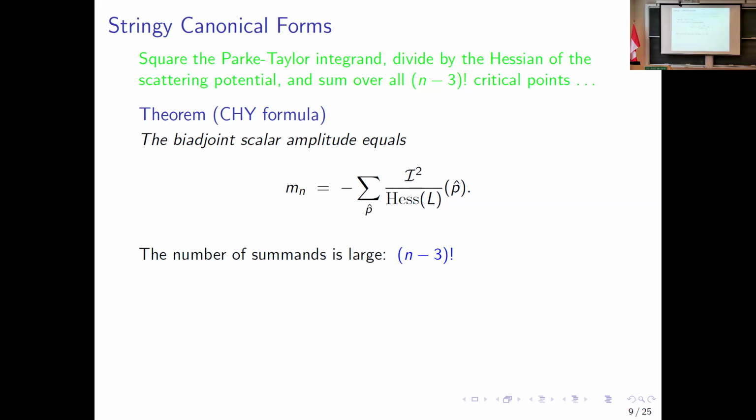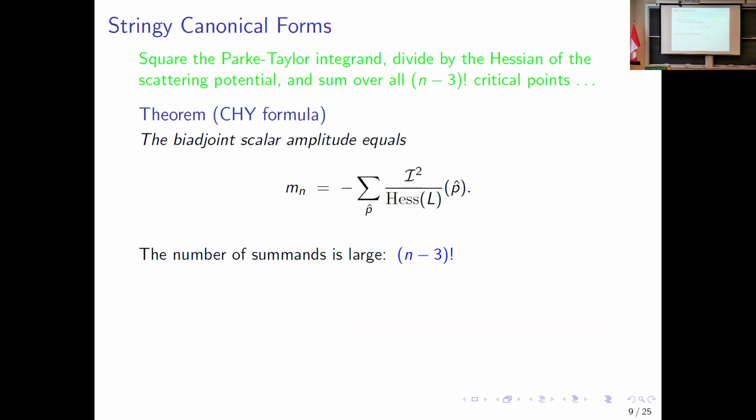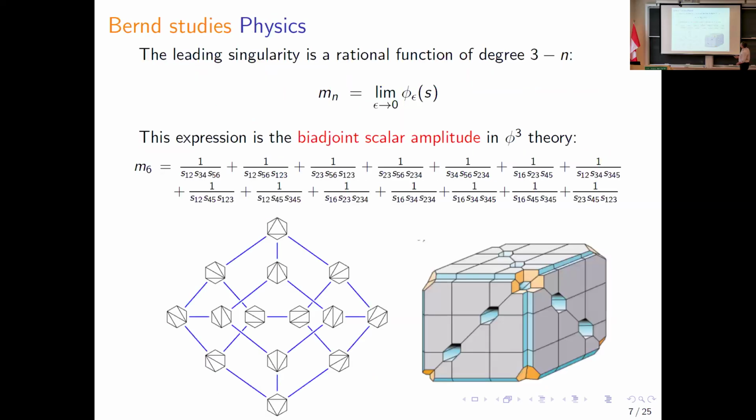Now that is going to be a rational function in the s_ij. So if the s_ij are parameters, then by Galois theory or something like this, this will be a rational function in the s_ij. Now the trouble is the number of summands is very large, and this rational function is exactly our rational function. So the theorem says that this rational function here is exactly the one that you obtain by summing over all the critical points.